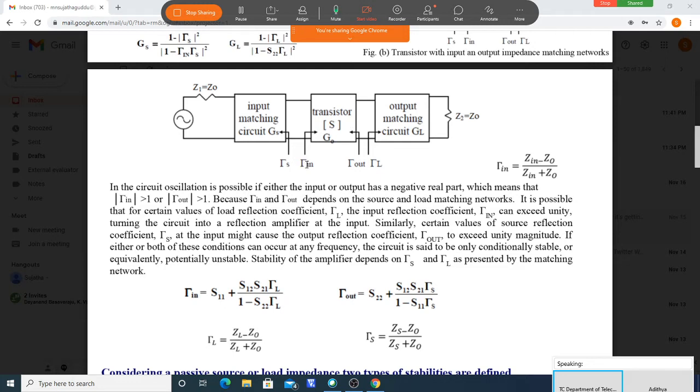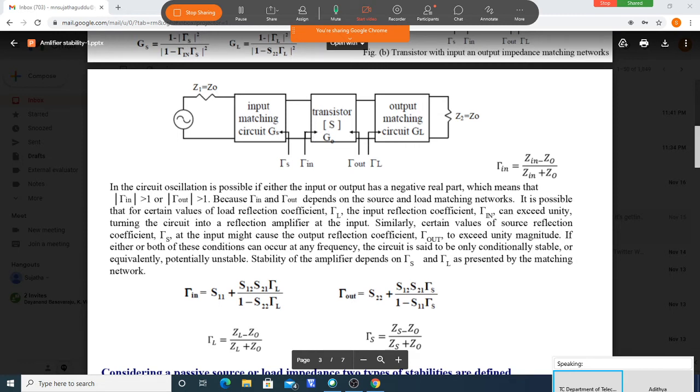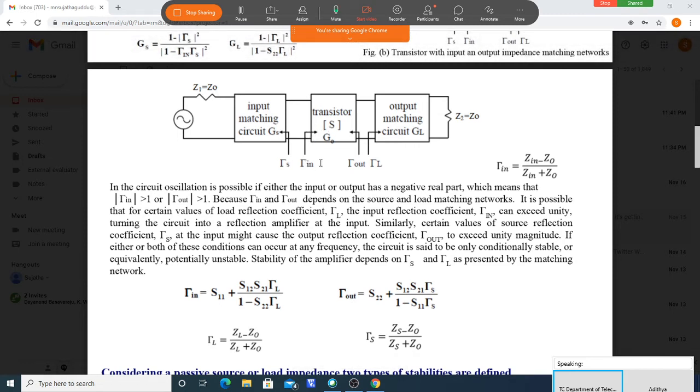But here, in this amplifier case, you see, the outgoing wave, this tau in may become greater than 1. Greater than 1 means the outgoing wave here is greater than the incident wave. VR is greater than VI.